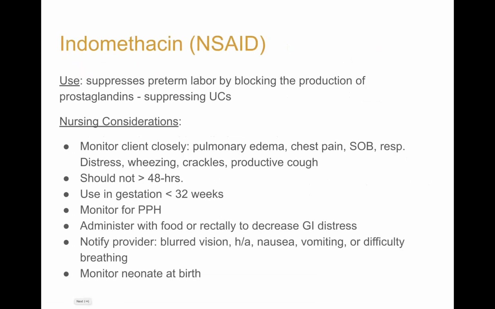Okay, the next one is indomethacin. And indomethacin, yes, it's an NSAID, right? But it's also used to halt preterm labor because indomethacin has the function of blocking prostaglandins, thereby suppressing the uterine contractions and stopping the preterm labor. You want to monitor for respiratory issues with this indomethacin.